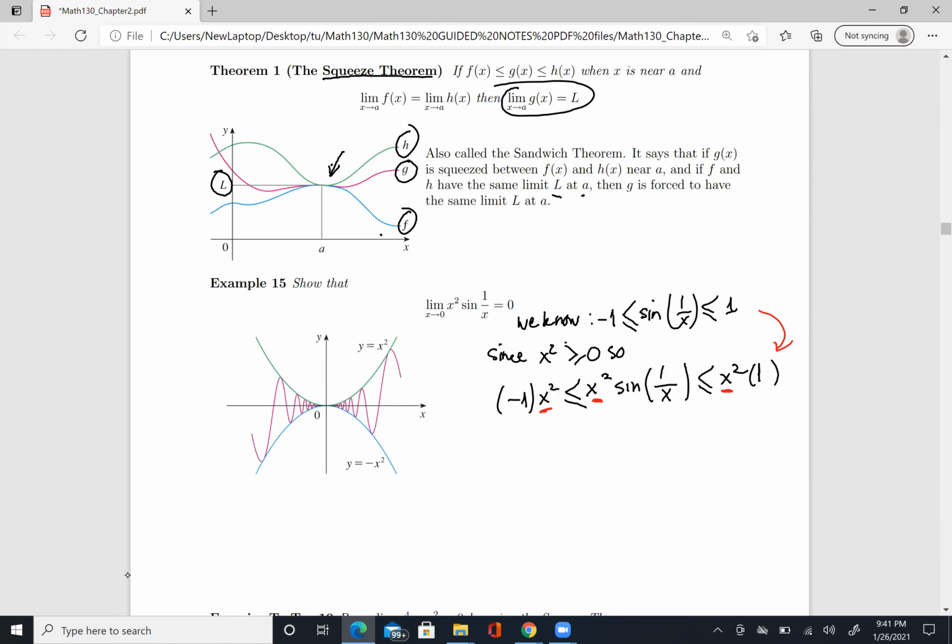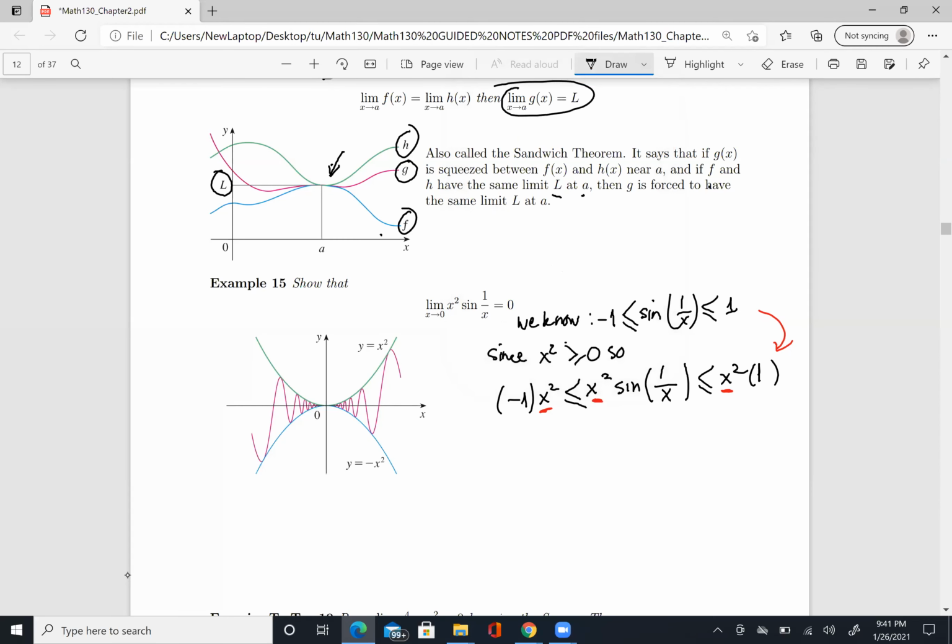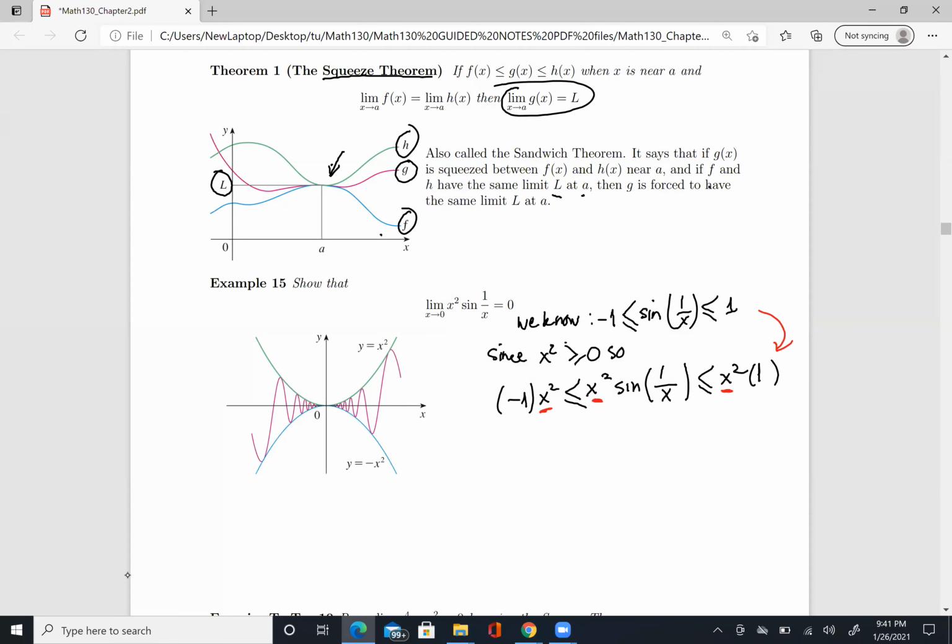So now, you should know that the limit of negative x squared, oh, I say negative x squared in here because it's negative, when x goes to 0, what is that equal to? You can direct substitute and make it equal 0, right?